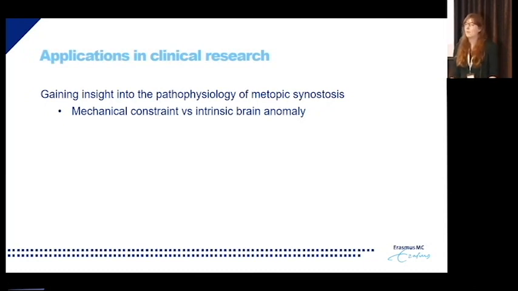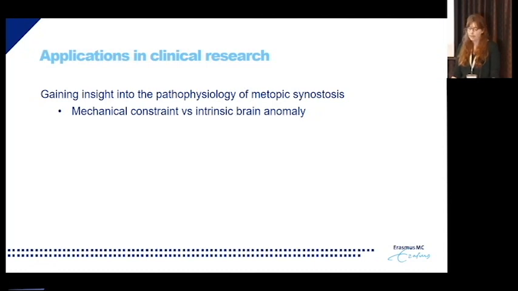I wanted to give an example of how we use these automated MRI techniques. Two examples are studies that we use to gain insight into the pathophysiology of metopic synostosis. Currently the pathophysiology is unclear, and there are two main hypotheses, namely the mechanical constraint and the intrinsic brain anomaly hypothesis.